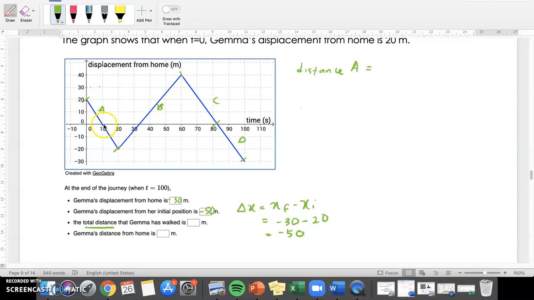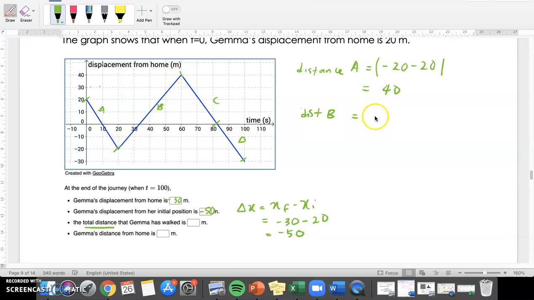So 20 to 0 is 20. 0 to minus 20 is another 20. But I have to make it positive. So it's 40.